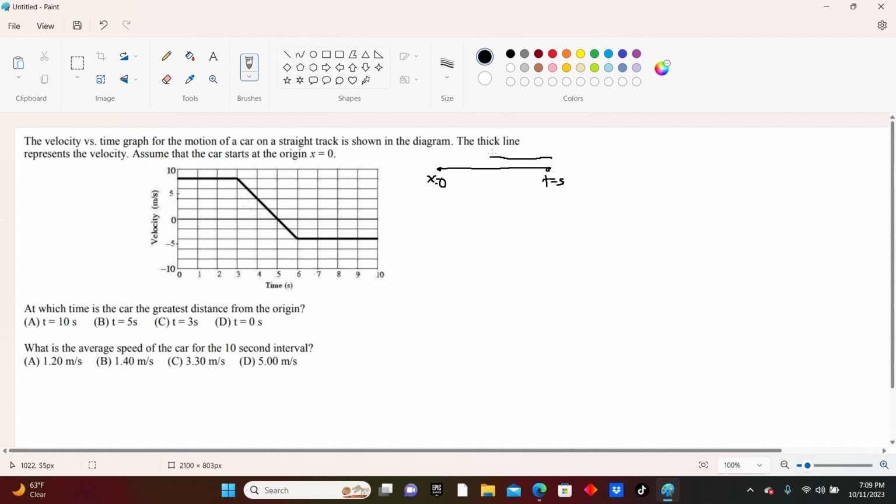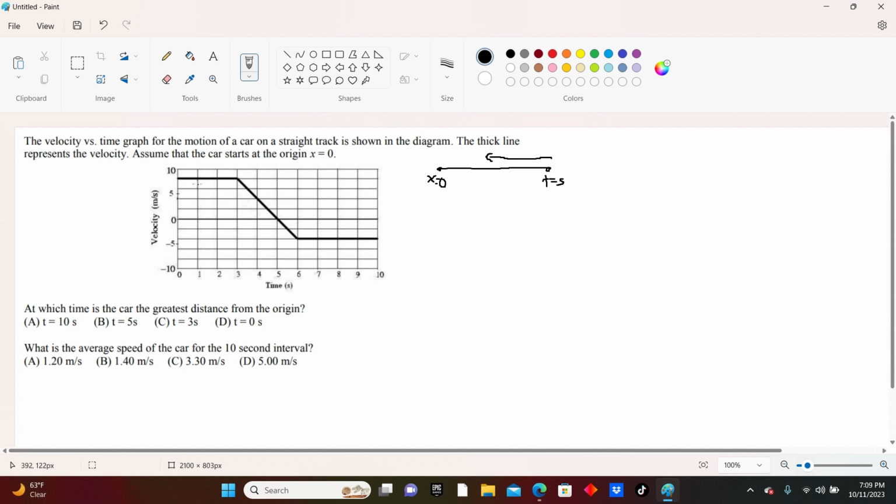As it is traveling this way, it's decreasing the distance from the starting point, because it's getting closer and closer to x equals 0. So our displacement is decreasing after 5 seconds. This essentially means that our displacement will be greatest at t equals 5.